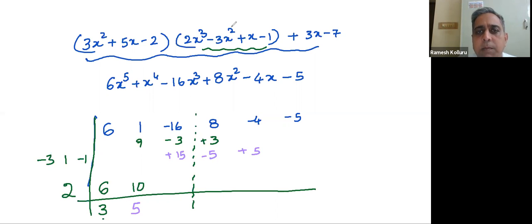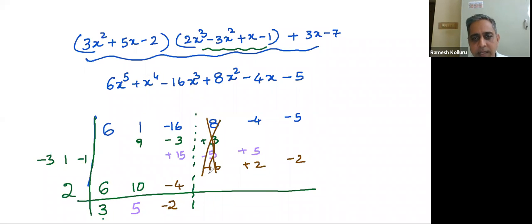So in the next step, 16 plus 3, 19, minus 19 plus 15, so minus 4, minus 2, so plus 6, minus 6, minus 2, plus 2. So 8 plus 3 is 11, gone.